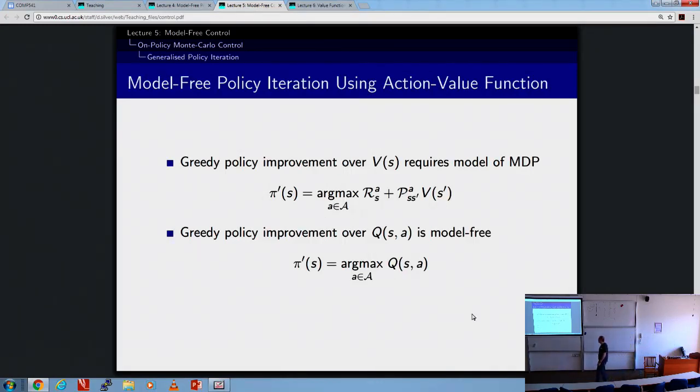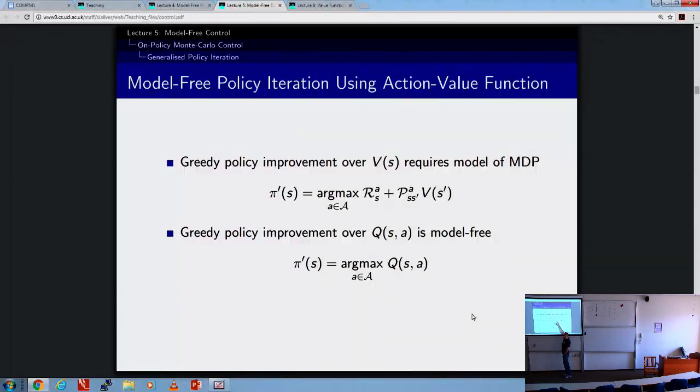Let's say I actually finished Monte Carlo, I have a V function now, and according to this V function, I want to act optimally. I want to act greedily. What's my greedy policy according to the V function? Well, my greedy policy pi prime of S should be the action that maximizes the reward that I have plus the expected value that I get in the next state.